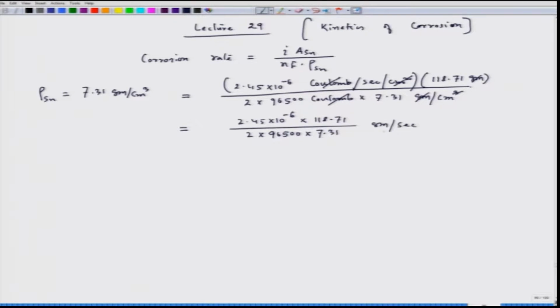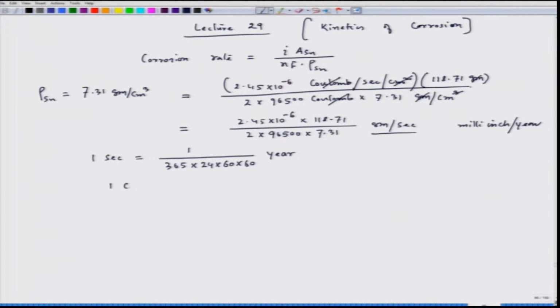Now, we have to convert this gram per second into milli-inch per year. So, 1 year consists of 365 days, each day consists of 24 hours, then 60 minutes, and each minute 60 seconds.